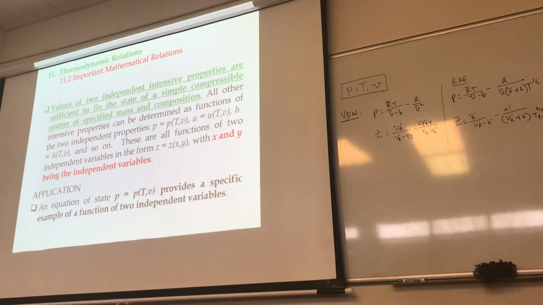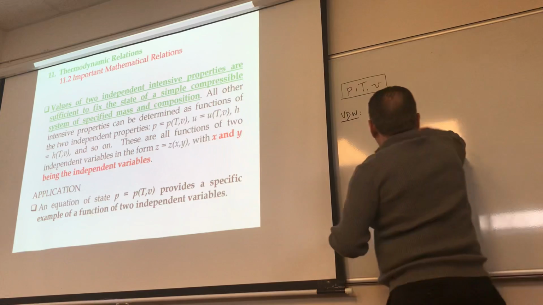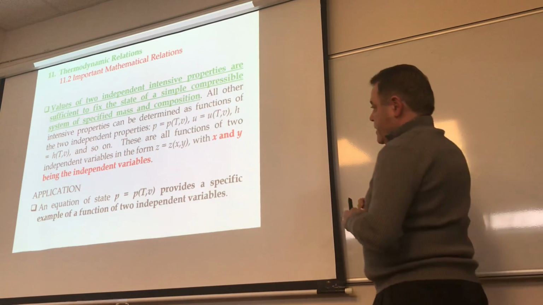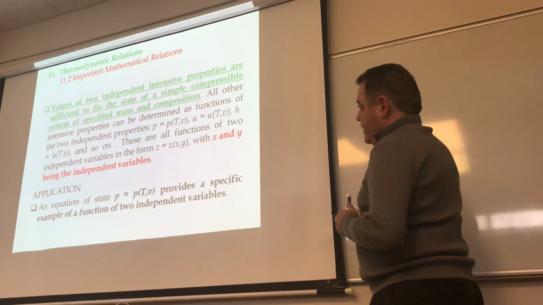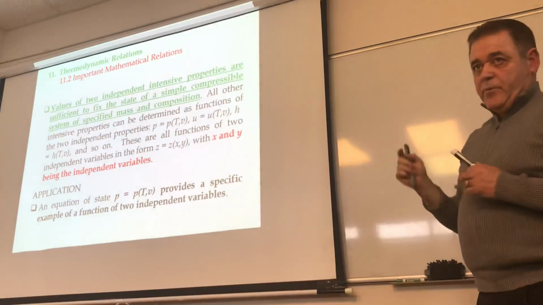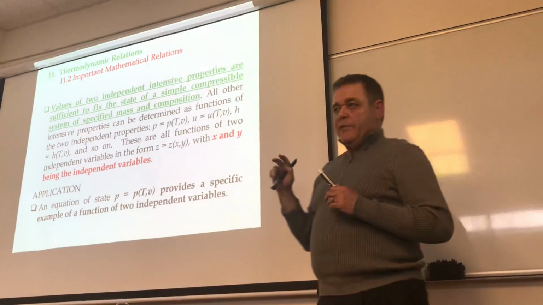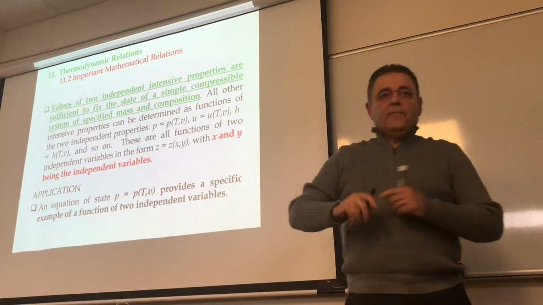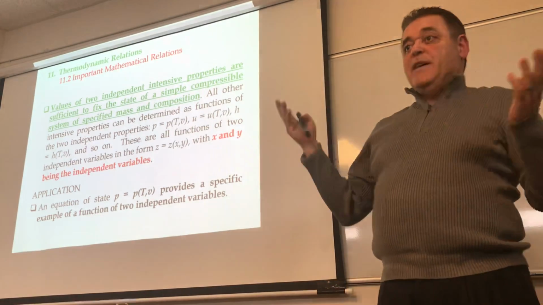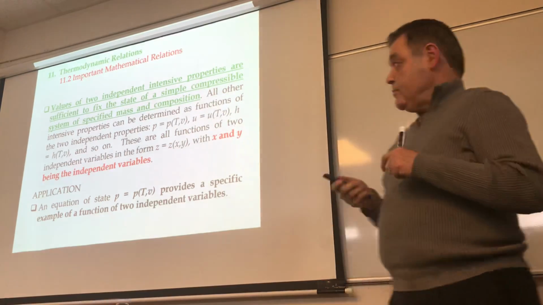Now, in general, we already mentioned that all these are functions of 2 variables. So we're going to concentrate in this chapter on functions of 2 variables. Why? Because we always need 2 properties to define state. That's why we did not choose 3 or 4, we just chose 2.